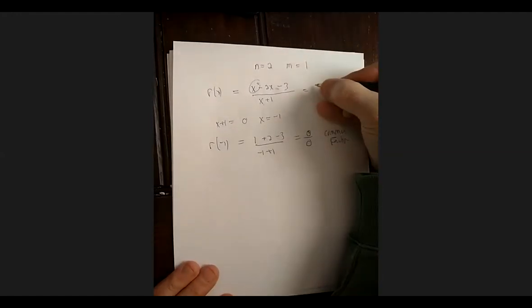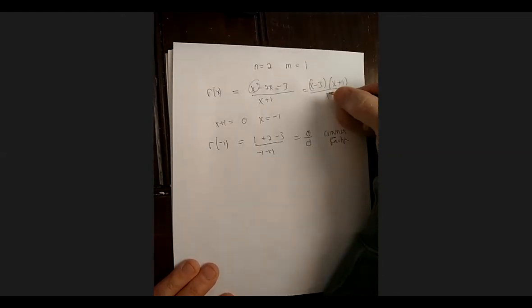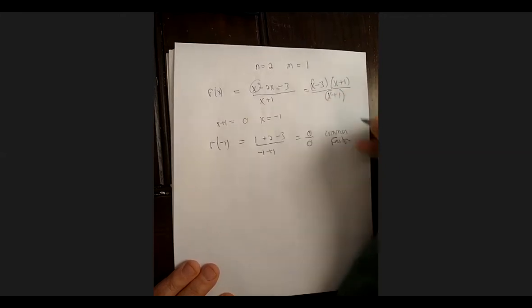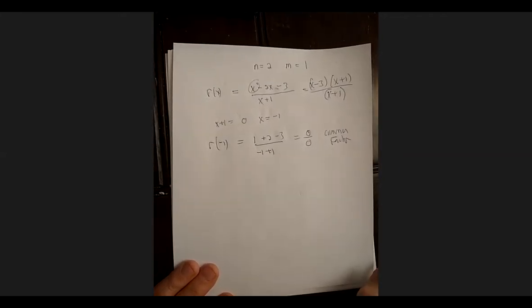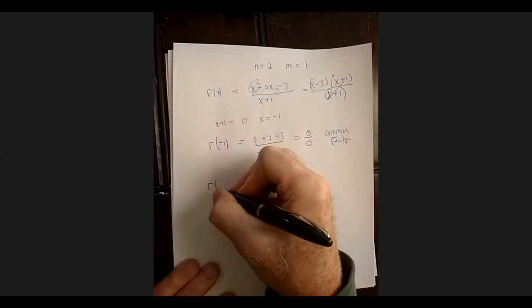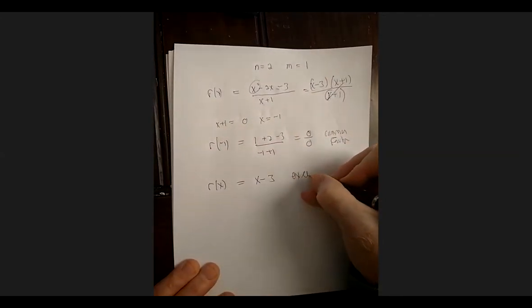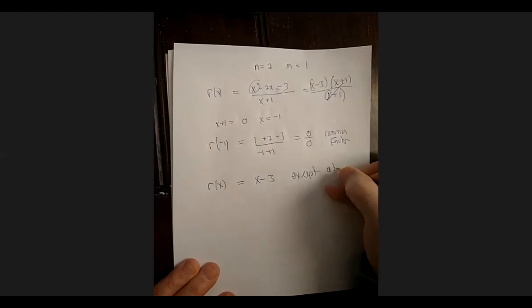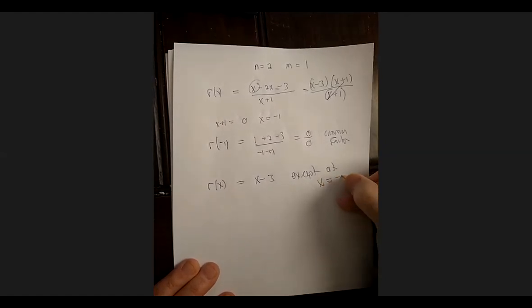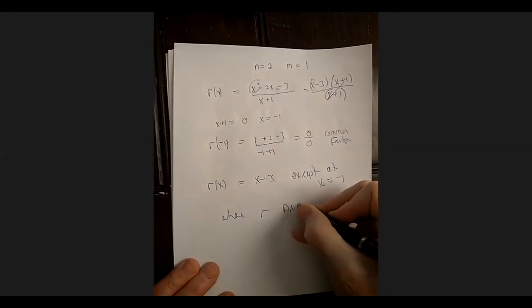So then I look up here and I say, well, this factors into x minus 3, x plus 1. Again, I'm doing it quickly, but eventually you'll get to that point. And so I cut that out, and really what happens is that r of x is equal to x minus 3, except at x equal minus 1, where r does not exist, because you get division by 0.